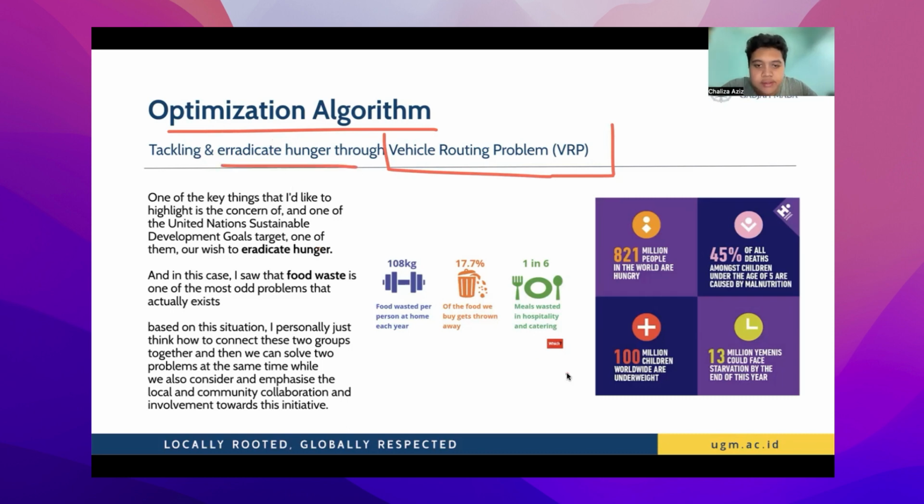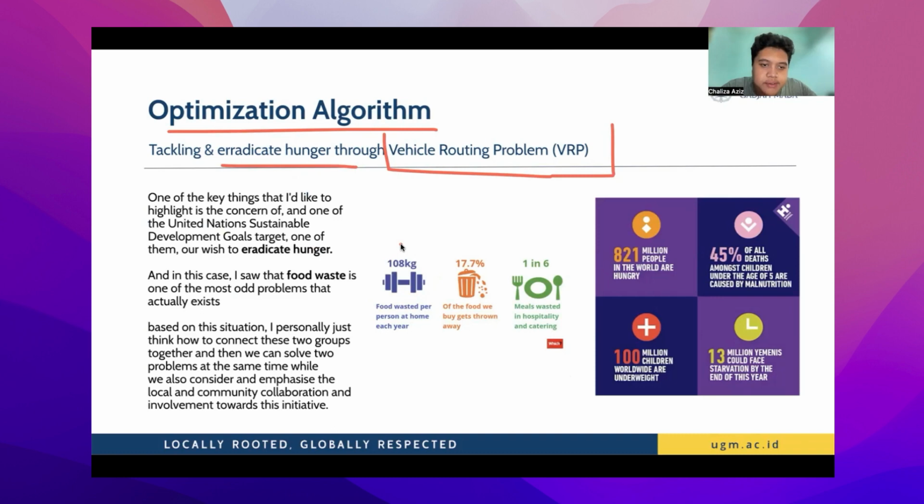I'd like to give everyone some context here. The goal of this is to prevent food waste and to eradicate hunger at the same time.